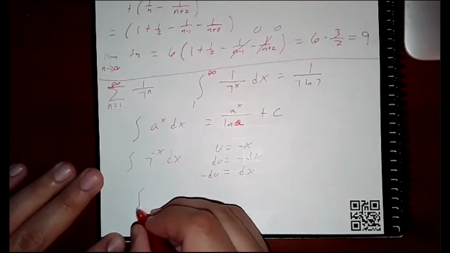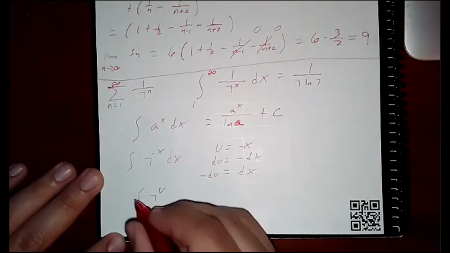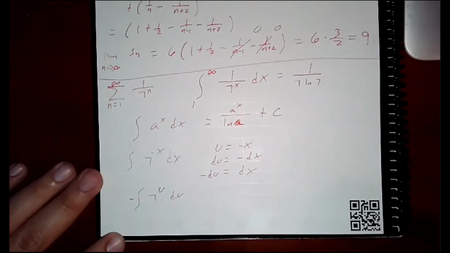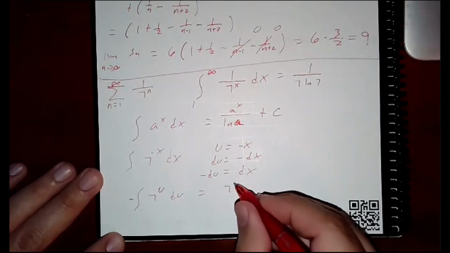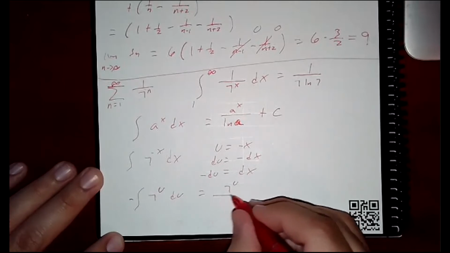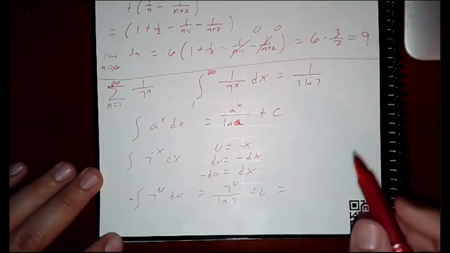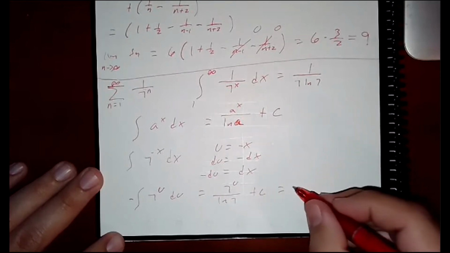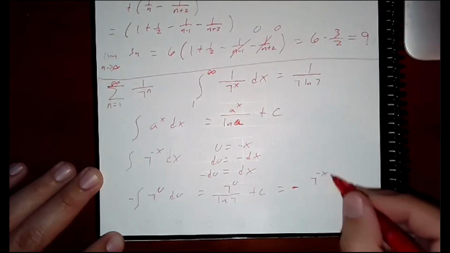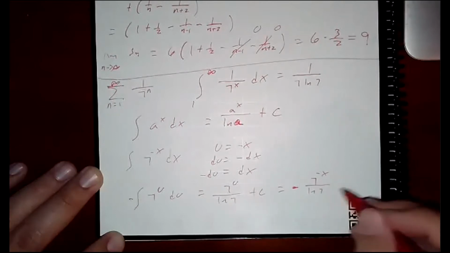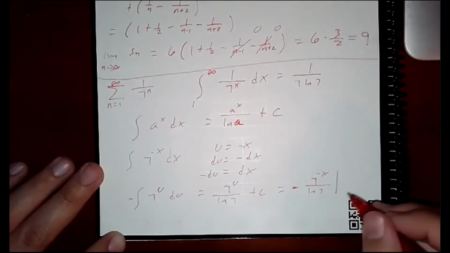So the integral of 7 to the u, the negative in front, du, is equal to 7 to the u over ln 7 plus c, but we have a negative, so the negative 7 to the negative x over ln 7, and then you do your limit stuff.